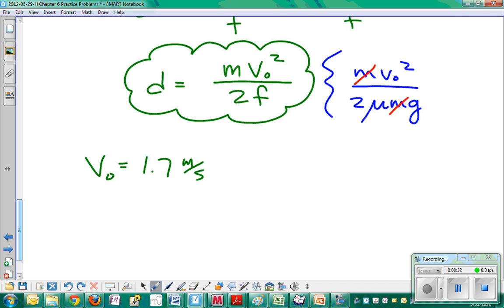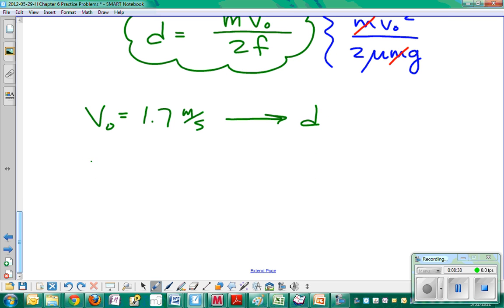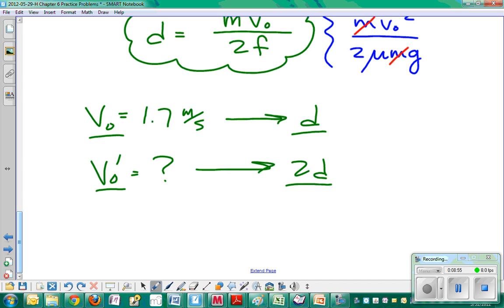And this resulted in a distance of d. What we want is some other v naught that's going to give us 2d. Can you see that? So what we're saying is the ratio of 2d to d will give us a ratio of v naught prime to v naught.